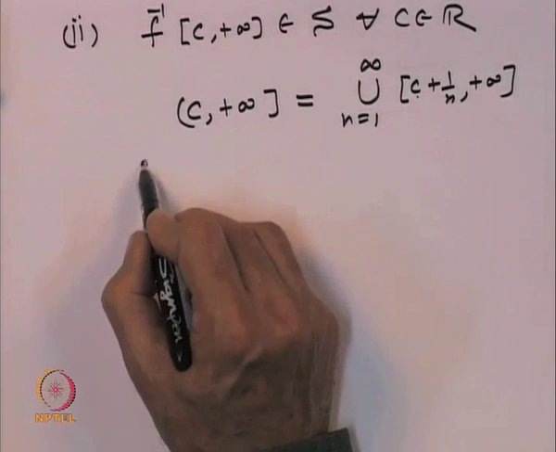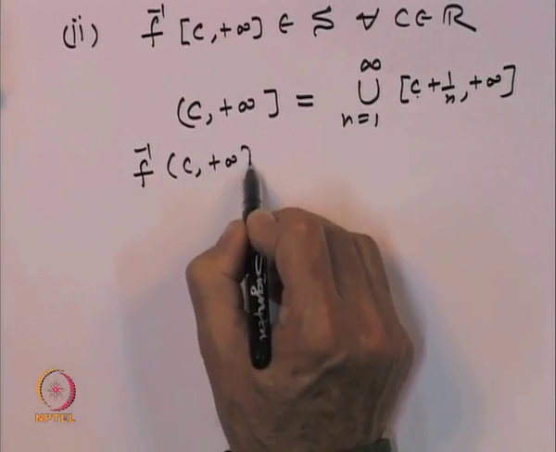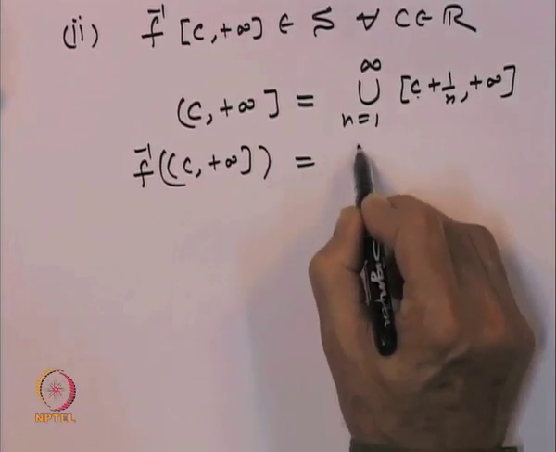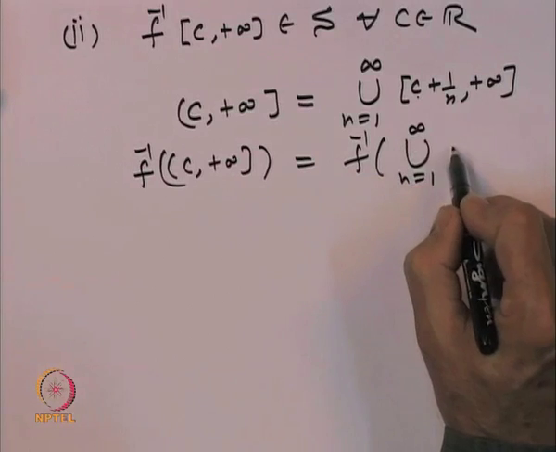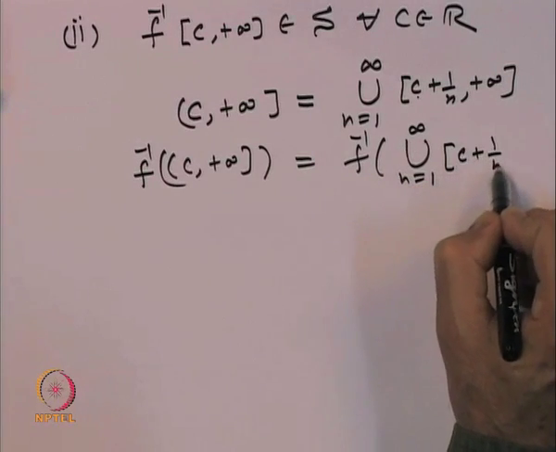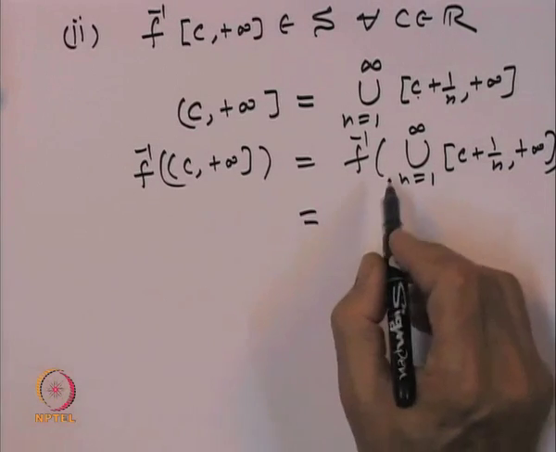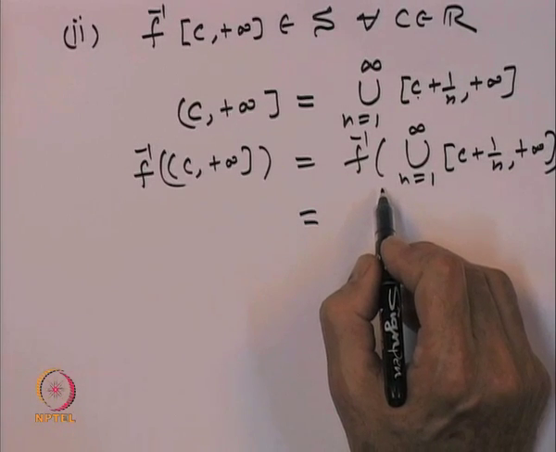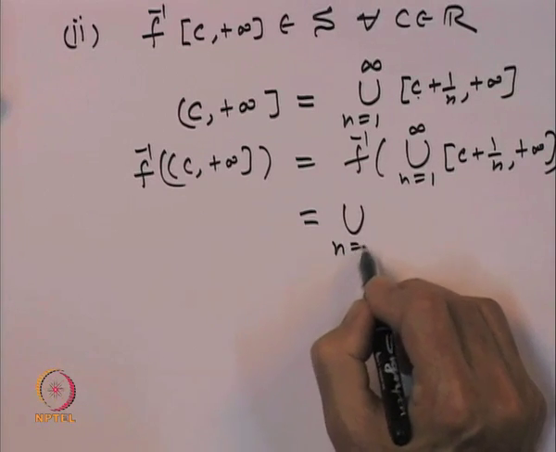So, now once again observing that the inverse image of c to plus infinity is equal to f inverse of the union n equal to 1 to infinity of c plus 1 over n to plus infinity, and once again a simple observation that the inverse image of a union is the union of the inverse images.